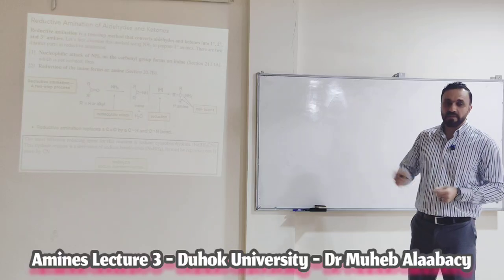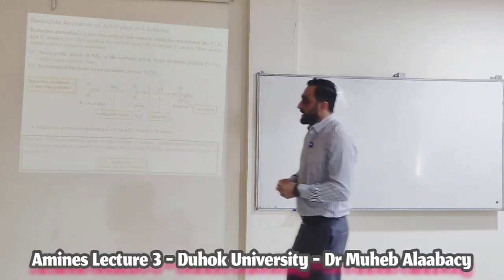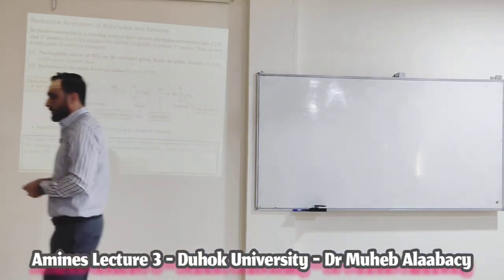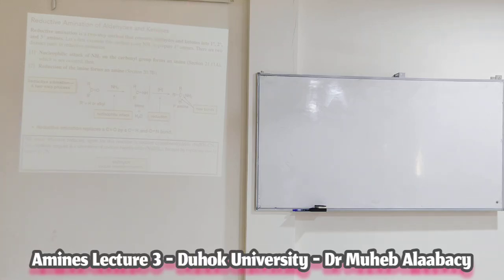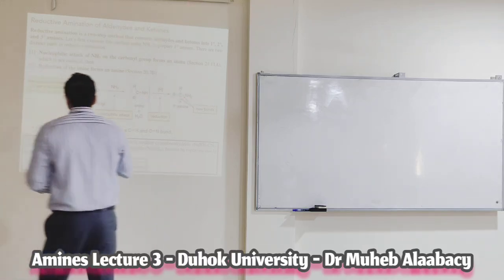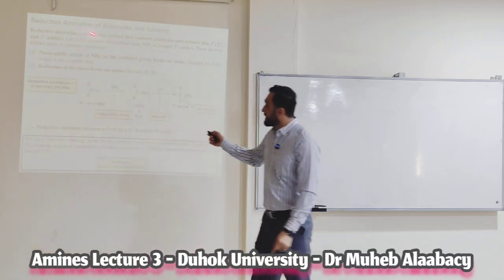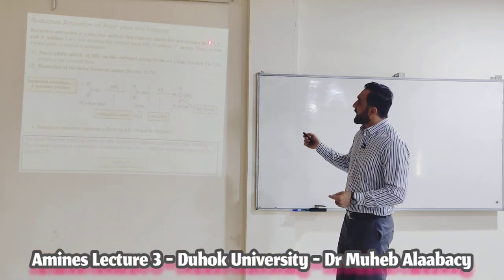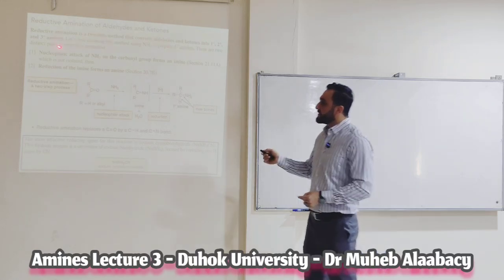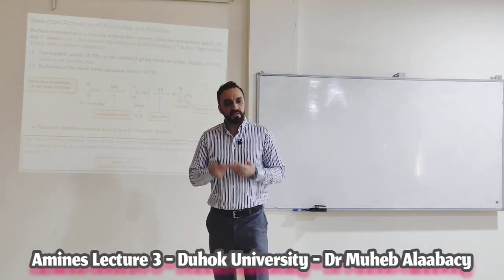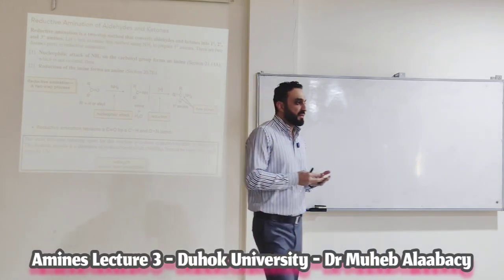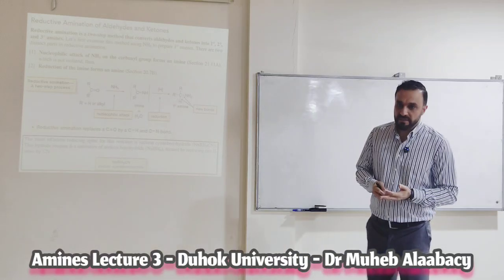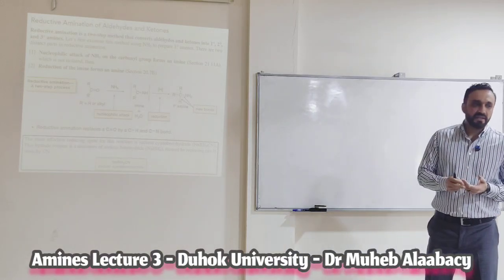Reductive amination is a two-step method that converts aldehyde and ketone into primary, secondary, and tertiary amines. That means this method can prepare the three types of amines.